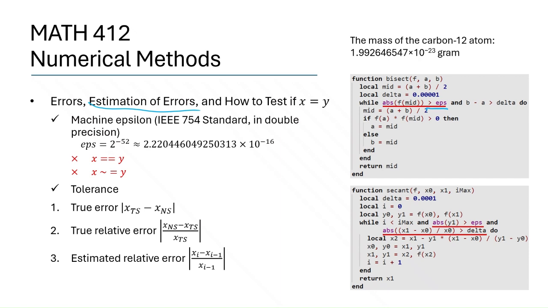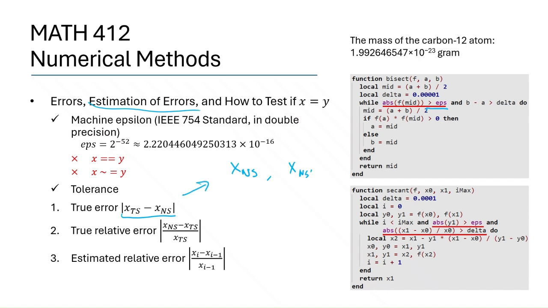If you don't know this value, how can you find the true error? You cannot. I can find a numerical approximation x_ns, and even get a better one, x_ns prime, and in the next iteration an even better one. Therefore, in many cases you cannot compute the true error.